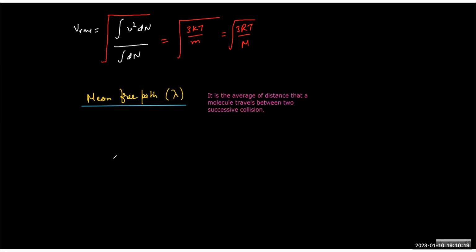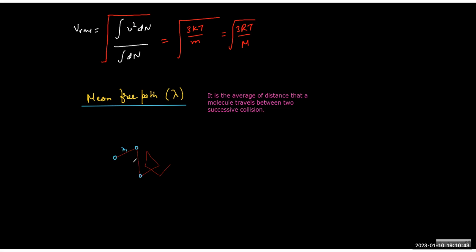So the path of a molecule, if this is a molecule, it will definitely travel randomly. You travel this much, lambda 1, then you travel this much.